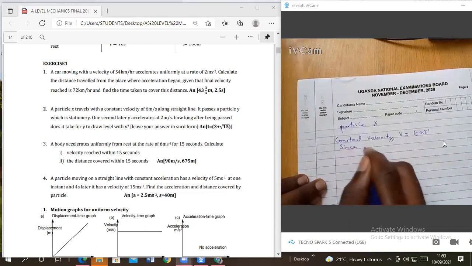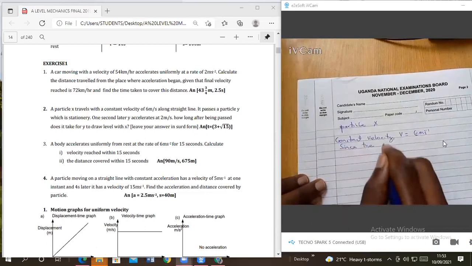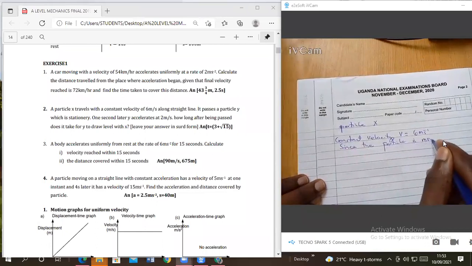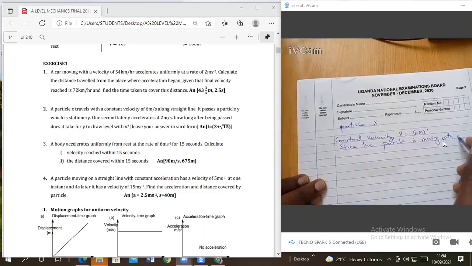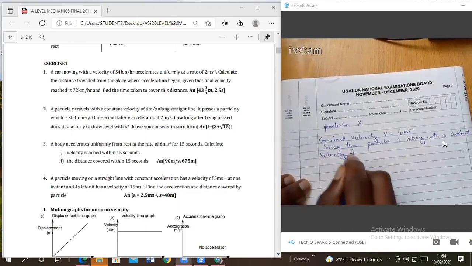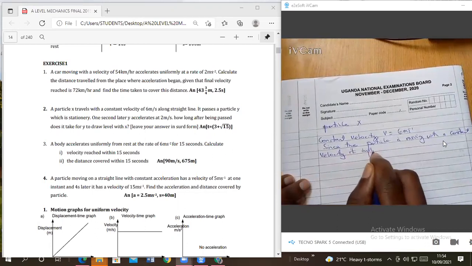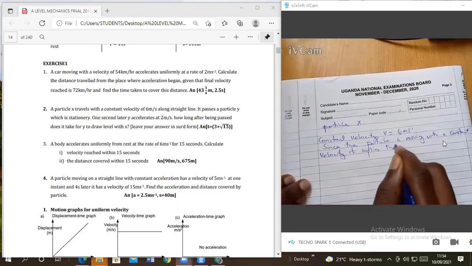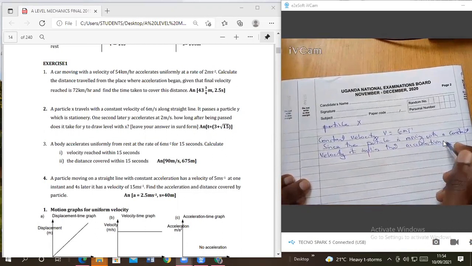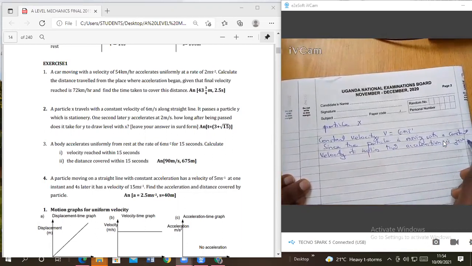Since the particle is moving with a constant velocity, it implies that acceleration is 0.